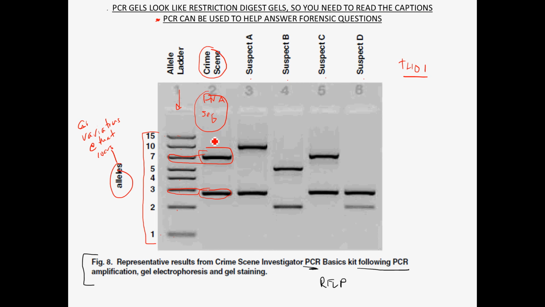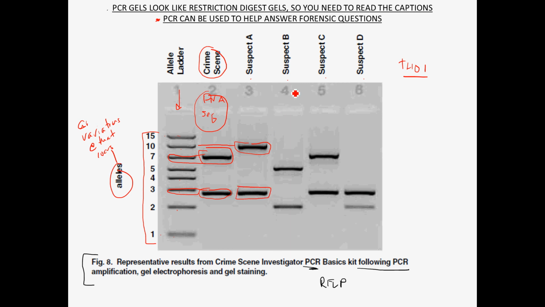No, because you don't see them amplified. There's no result there. The sequence wasn't there and was not amplified. But suspect A is showing that they had this allele sequence associated with allele 10, but did have allele 3.